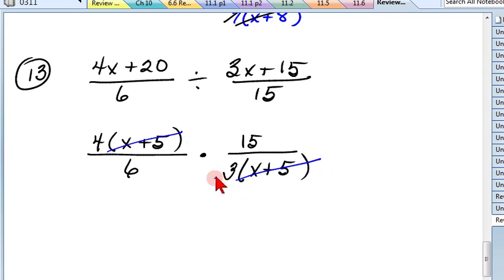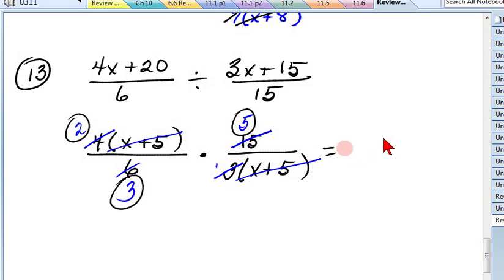All right, 3 goes into itself once, 3 goes into 15 5 times, in 4 and 6, 2 goes in there 2 times, 2 goes in there 3 times. I don't see anything else. I have a 2 times a 5 over a 3. So I have 10 over 3. So keep, change, flip, and I did my factoring at the same time.